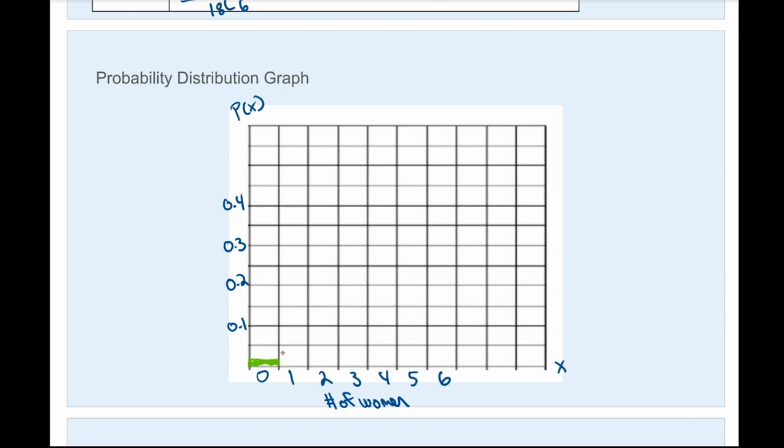For 1, it's 0.03. 2 is basically 0.17. 3 was 0.36. 4 was 0.31. 5 was 0.1 or 0.11.